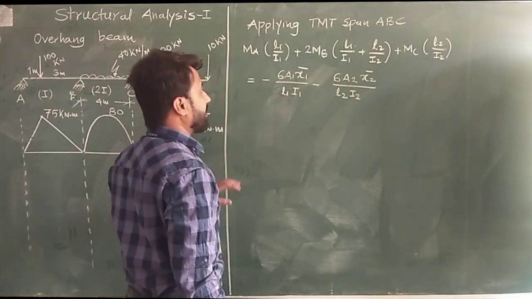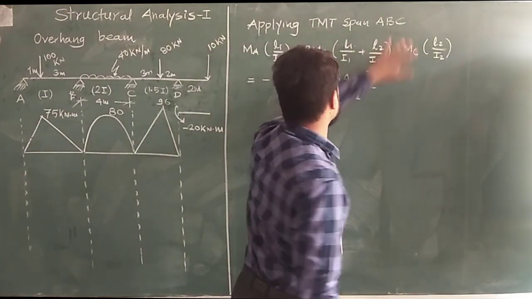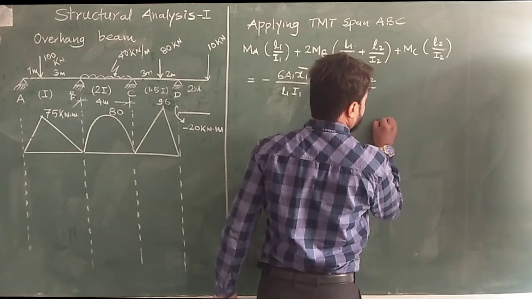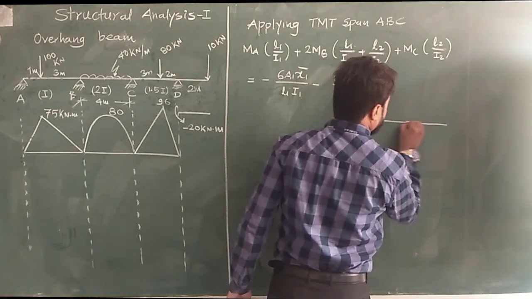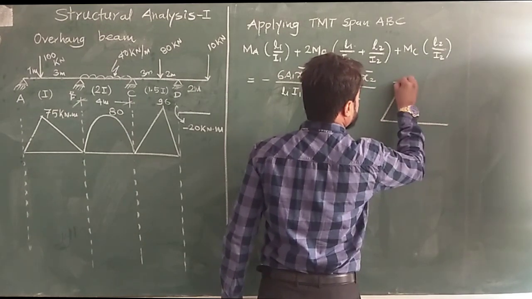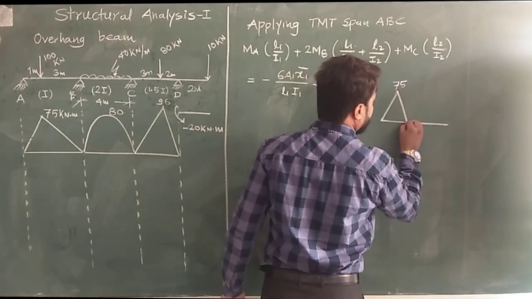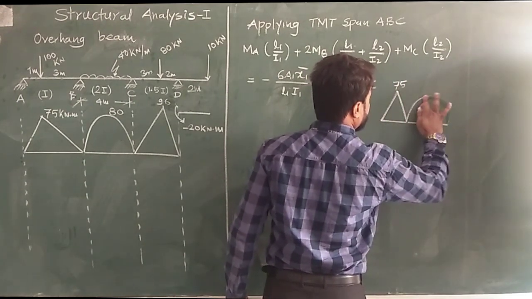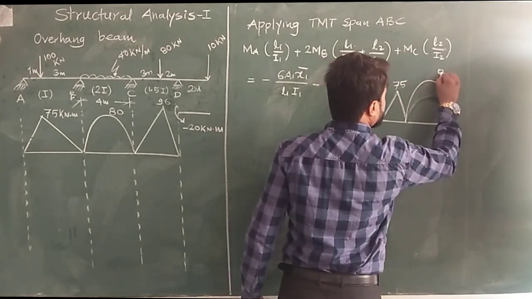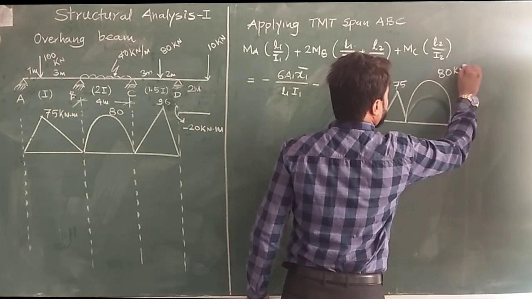As we are applying the three moment theorem over the span ABC, we will draw the bending moment diagram of the ABC beam for ease of calculation. So this is 75 kilonewton meter, and this should be greater than this 75, so this is 80 kilonewton meter.